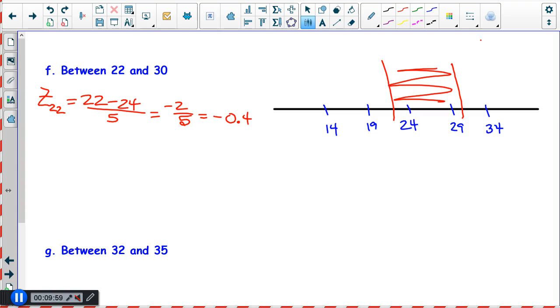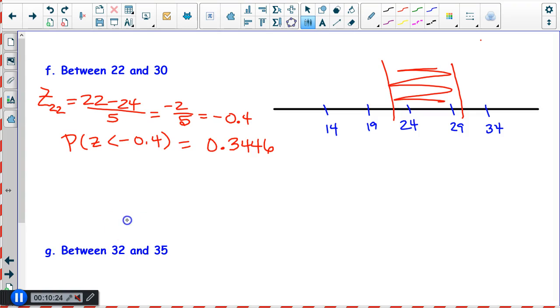So look on your Z chart. What's the probability that it's less than negative 0.4? Good. So the probability that Z is less than negative 0.4 is, you're exactly right, 0.3446.